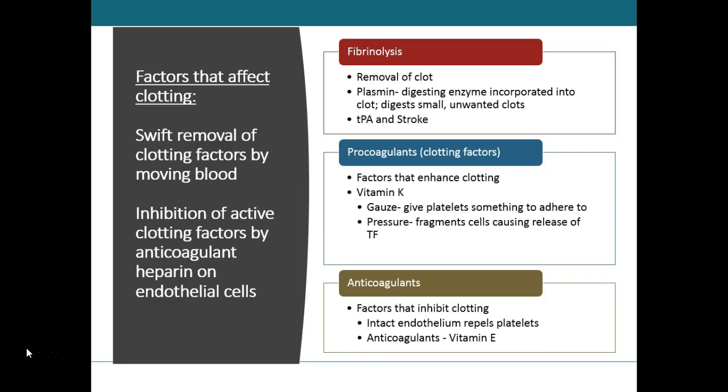There's also a very simple anticoagulant, vitamin E. Vitamin E prevents platelet aggregation, but it also is a vitamin K antagonist. An antagonist works in the opposite direction. So it interferes with the action of vitamin K, therefore it interferes with proper clotting factor formation.